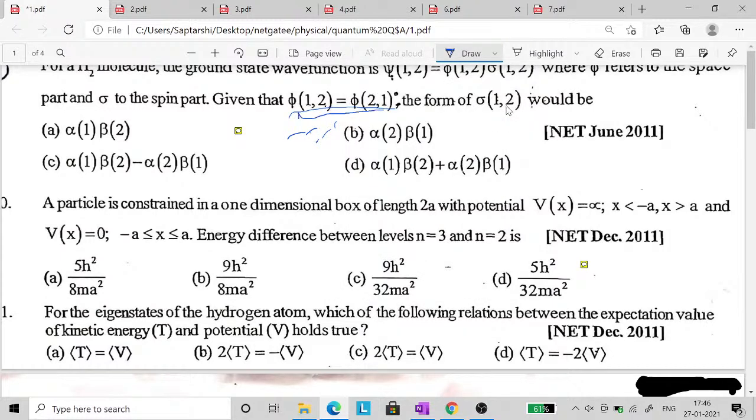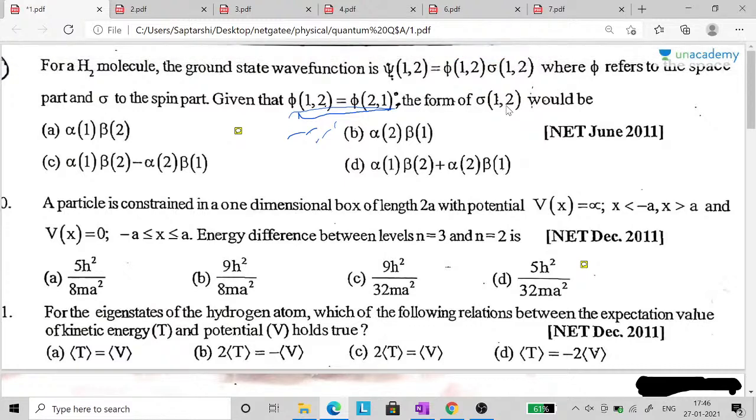Because of this, we can say the space part is symmetric, and we know by the antisymmetric principle that the space part might be symmetric, but overall it has to be antisymmetric. Therefore the spin part needs to be antisymmetric. This is actually from Slater's rule, and I'll give you a detailed look into this.